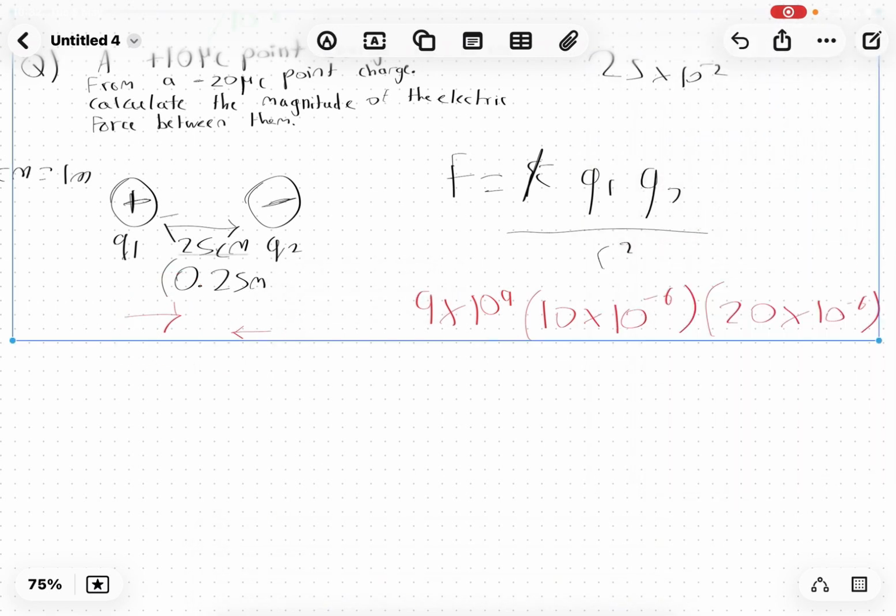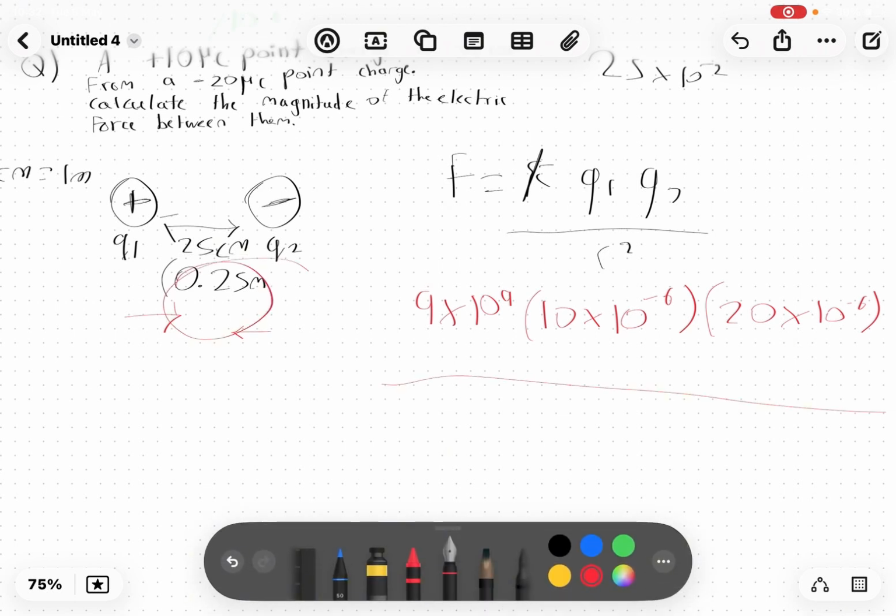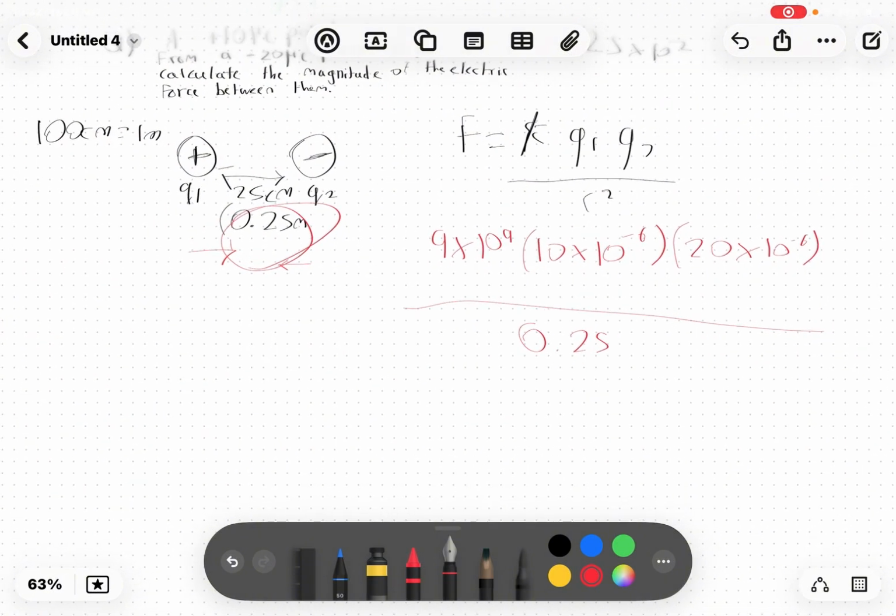So we don't need to put the minus in, because the minus would show direction. Then we divide it by 0.25, and all of this equals 28.8 newtons. So that's what the force equals.